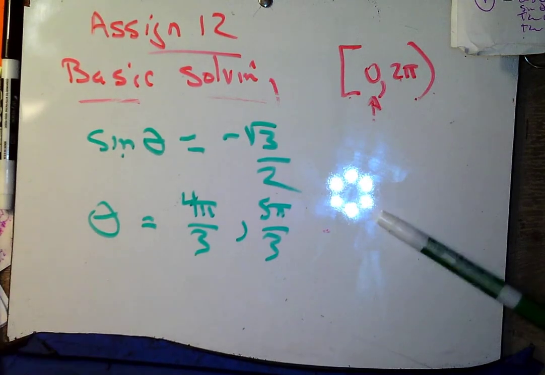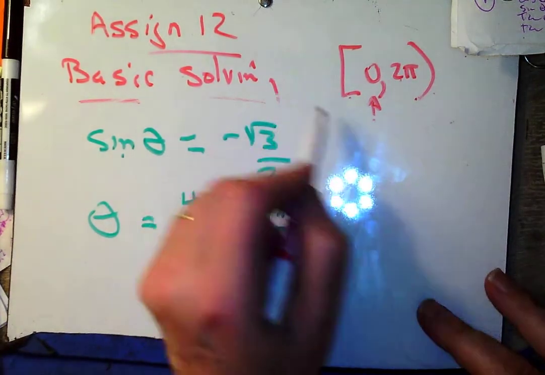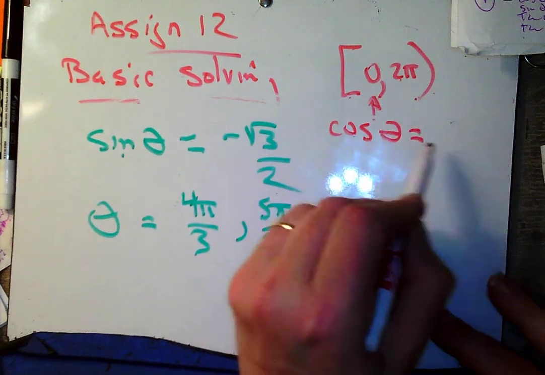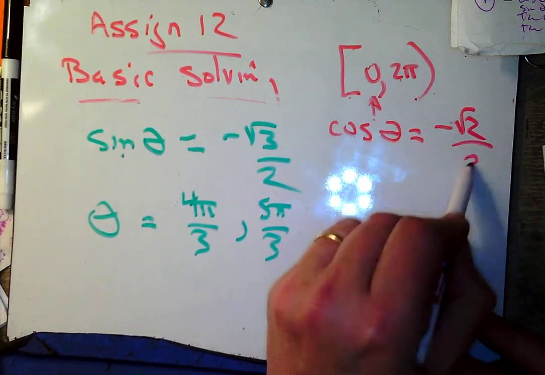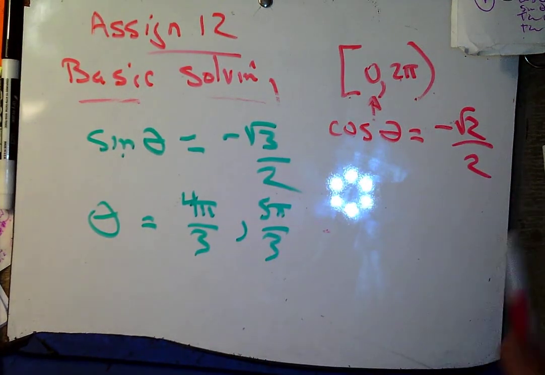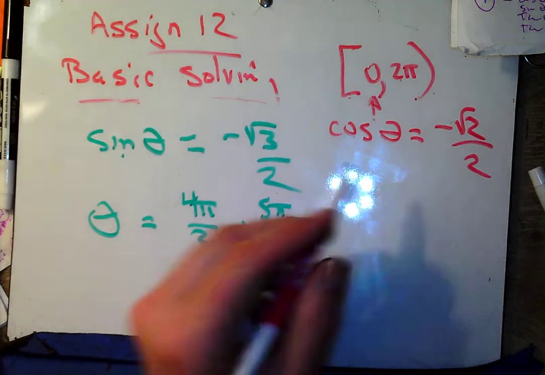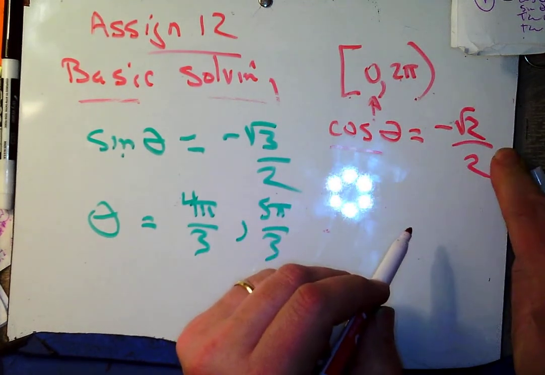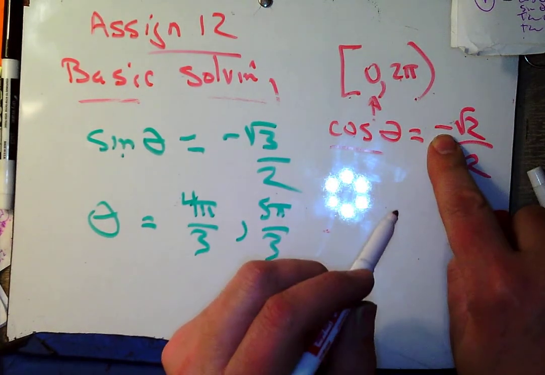So, what about this one? What about cosine theta equals -√2 over 2? 5, 4, 3, 2, 1. Okay, so when is cosine -√2 over 2?